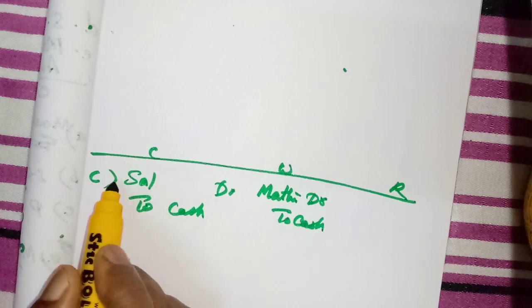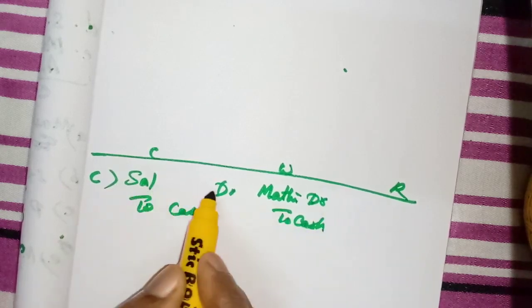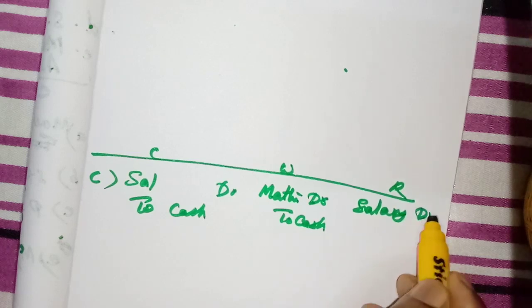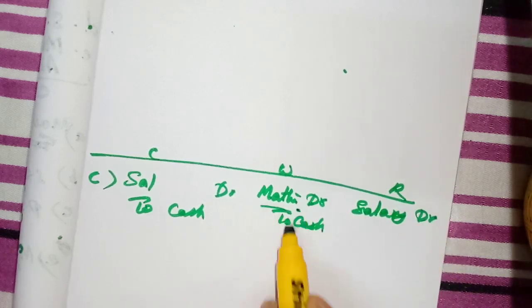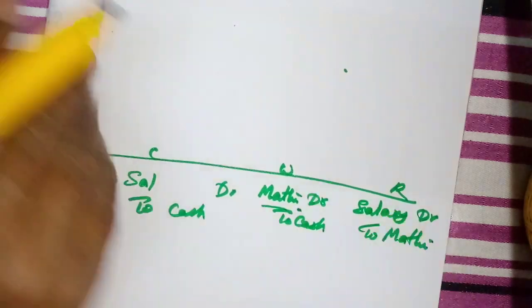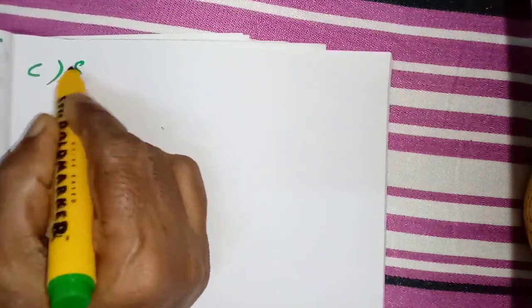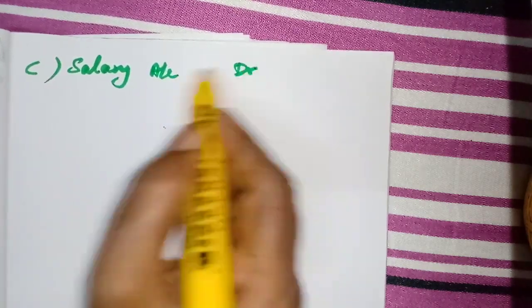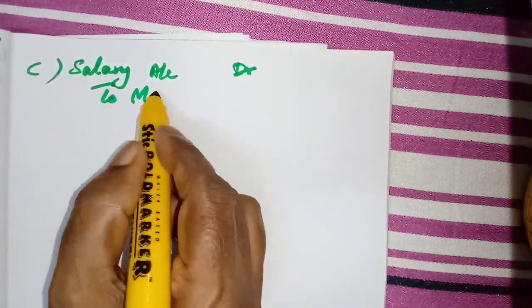So what should be debited? This is correct, salary. Salary debtor to Madhi was wrongly debited. Now to rectify this one, we need to credit, so Madhi's account should be credited. That is the rectifying entry. So salary account debtor to Madhi's account.